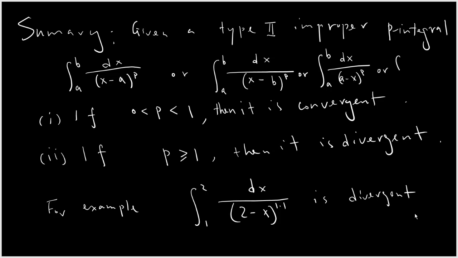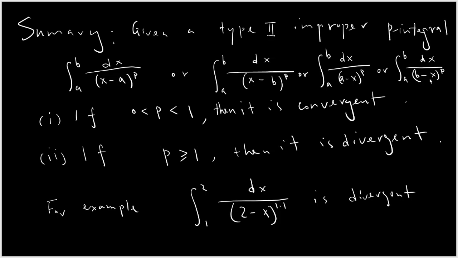The last form is from a to b, dx on top, and on denominator you could have b minus x to the power of p.